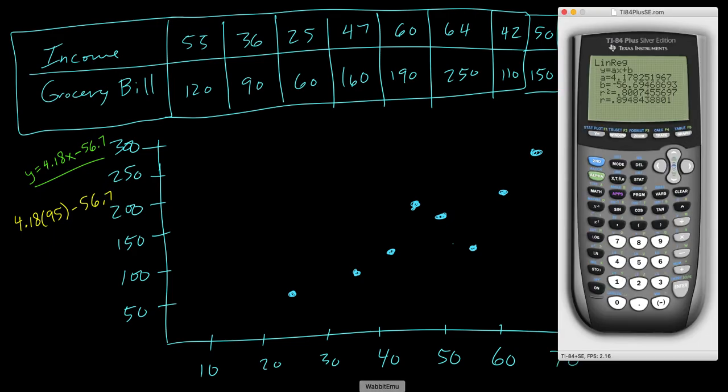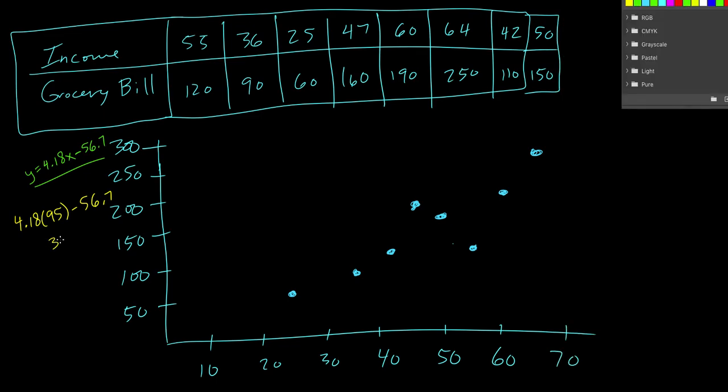So we come over here, 4.18 times 95 minus 56.7. And so it's going to be about $340 for that situation.